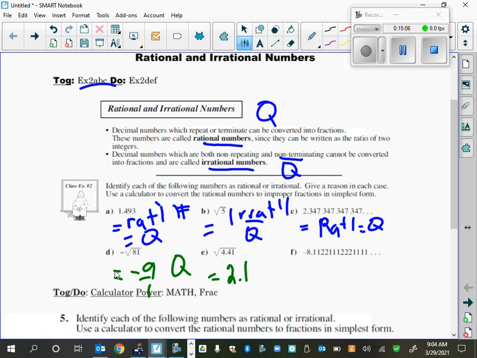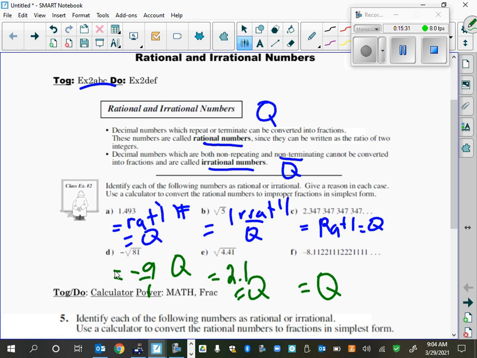Does that end or repeat? It ends, so it is a rational number. And this one is rational. And this one is irrational. This one's trying to trick you.